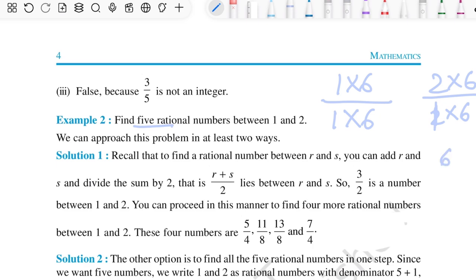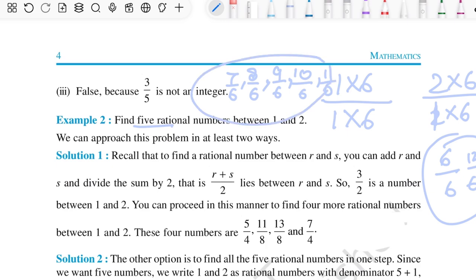Here it will come 6 by 6 and 12 by 6. So we can write numbers between them like 7 by 6, 8 by 6, 9 by 6, 10 by 6, 11 by 6. These are 5 numbers.